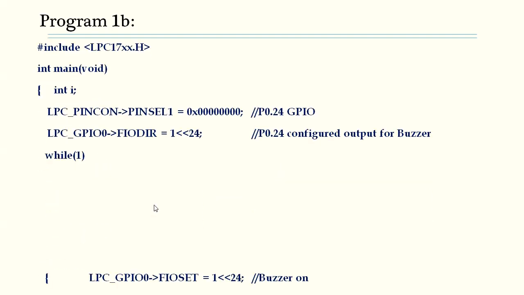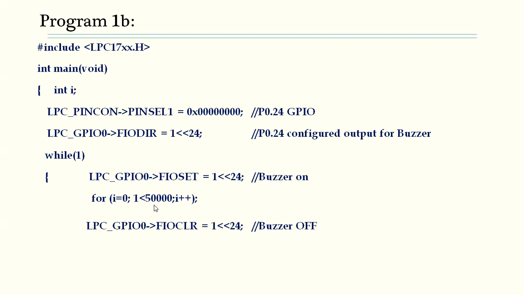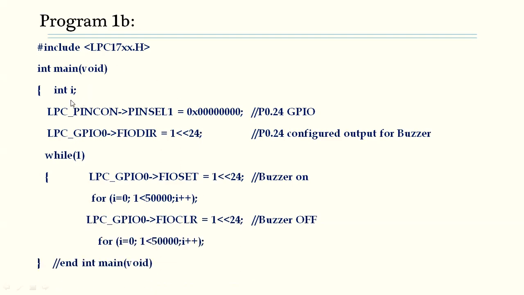Let's quickly have a look at the program. #include LPC17xx.h, the header file. Then we have taken a variable as int i. The LPC_PINCON PINSEL1. Here we have used PINSEL1. Why?